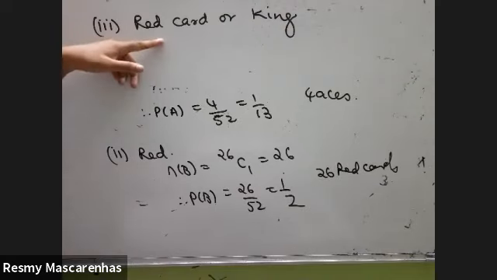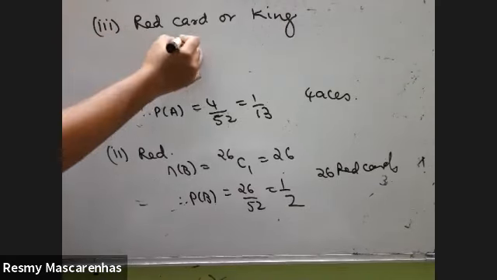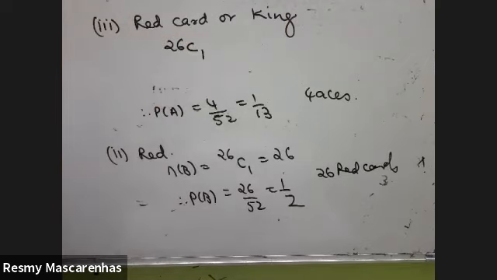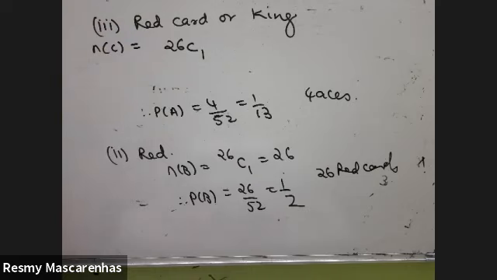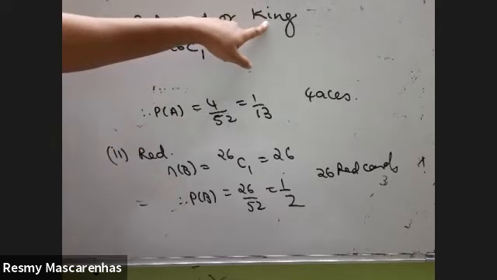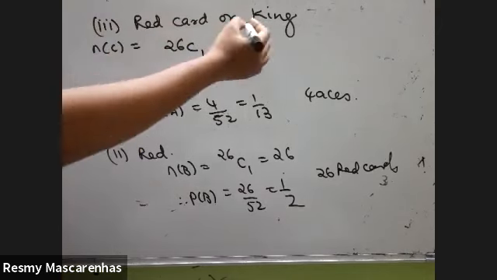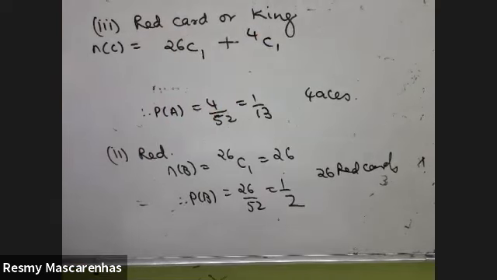Red card, how many are there? 26C1. Now or means plus. When you're calculating kings, do not make the mistake of writing 4. If you write this, everything will go wrong.